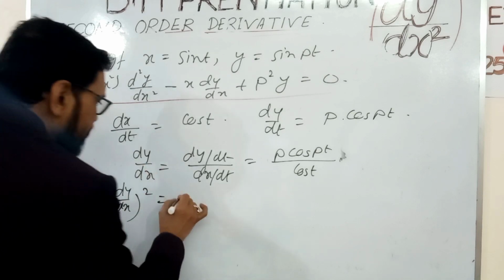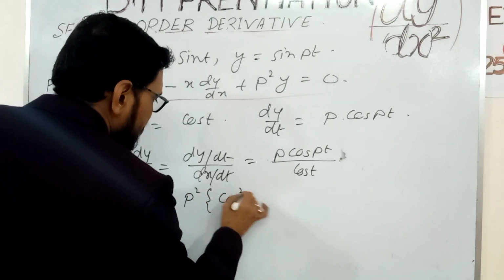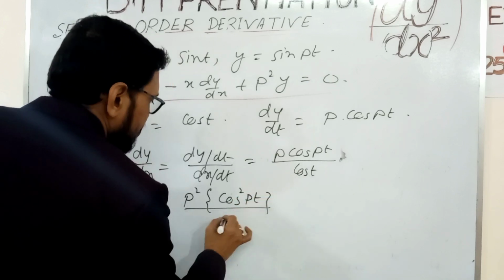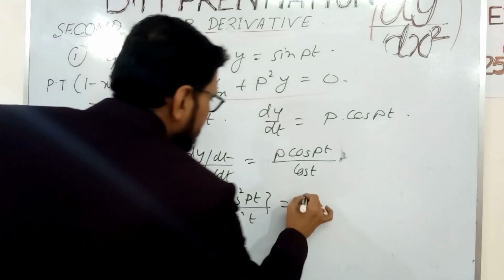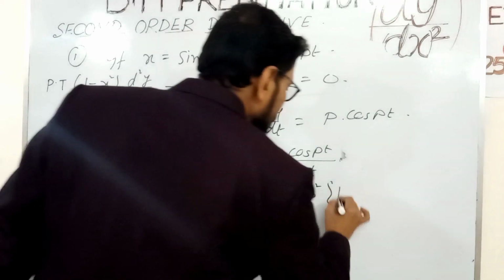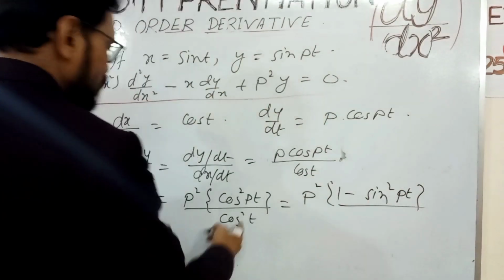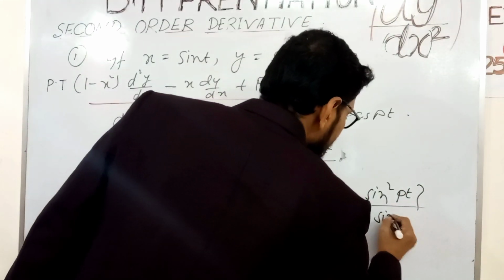Squaring both sides, (dy by dx) square equals p square cos square pt divided by cos square t. Now cos square pt equals 1 minus sin square pt, we know, and cos square t equals 1 minus sin square t.